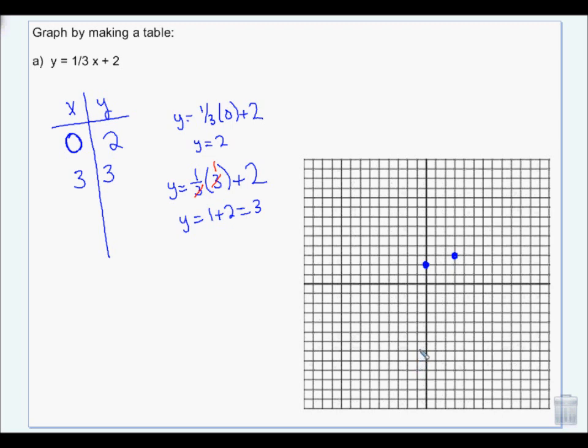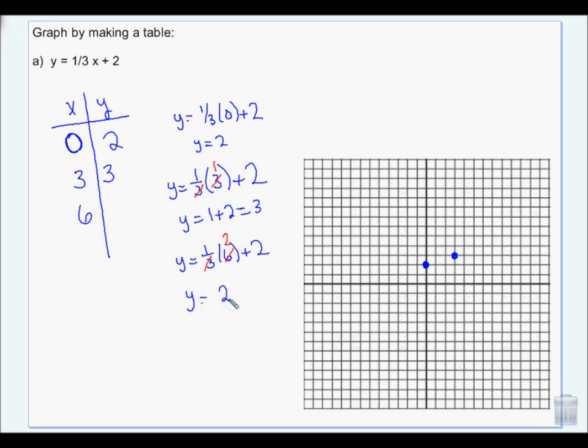And usually you want to do 3 points when you're making a table, just to make sure. So I can go into the negative side, or I can continue to go positive. Which would you like to do? Positives or negatives? Positives? Okay, so the next number that divides by 3 is 6. So if I do y equals 1/3 of 6 plus 2, 3 goes into 6 2 times.